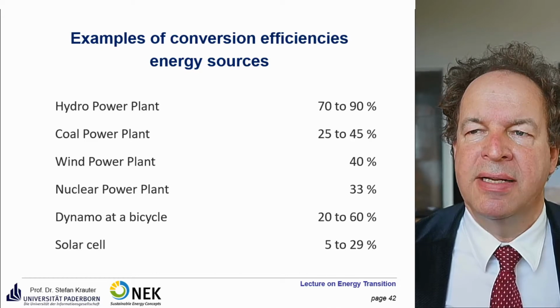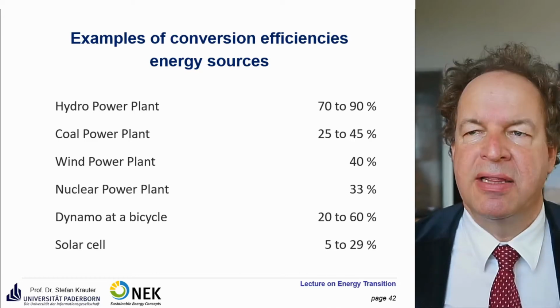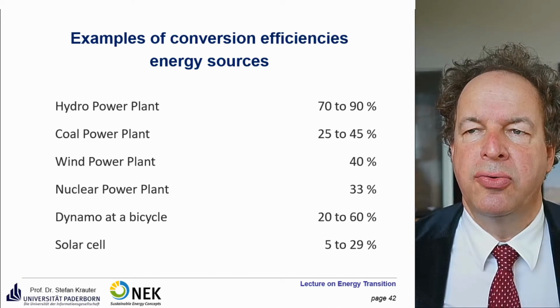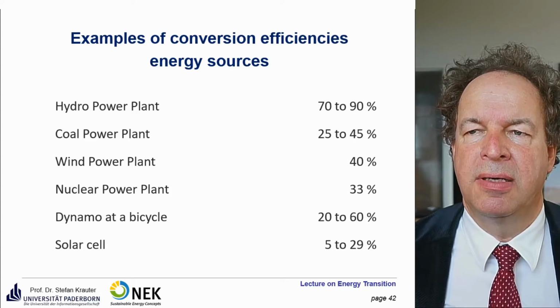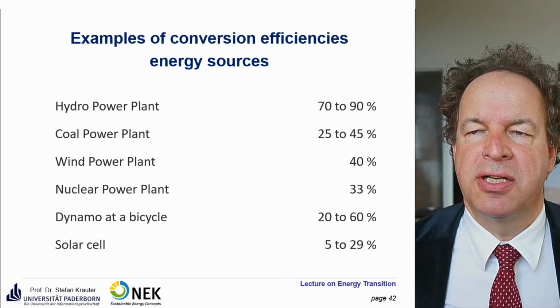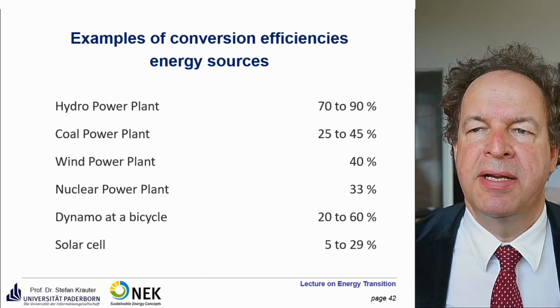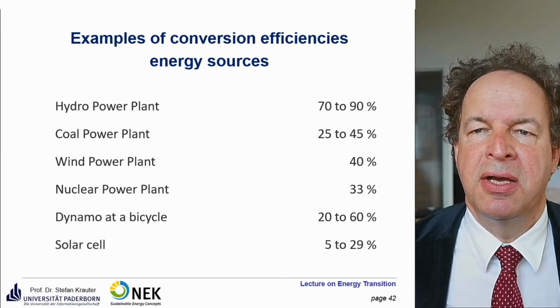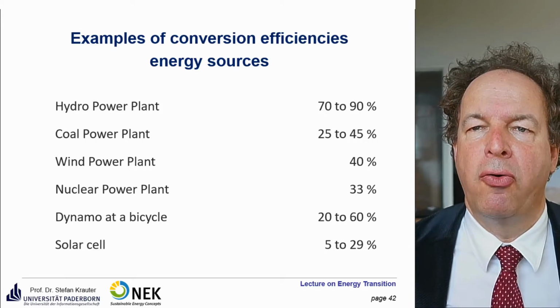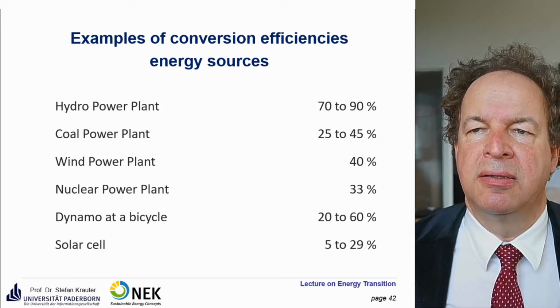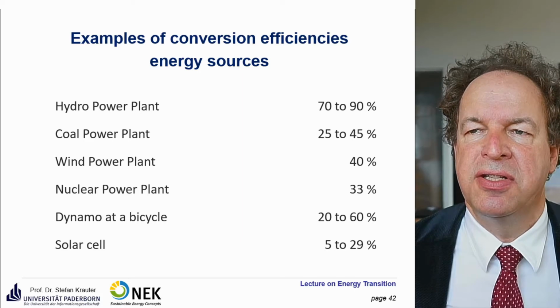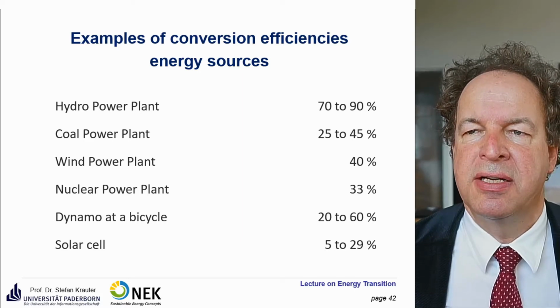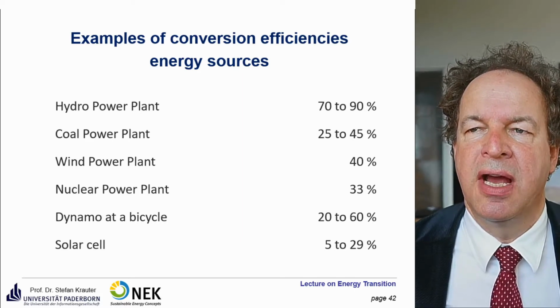A coal power plant, on the other hand, is quite limited in efficiency due to the Carnot efficiency, which says that the maximum efficiency is dependent on the temperature difference you can achieve, and due to the materials this is also quite limited. So even modern coal power plants have an efficiency in the vicinity of 40-45% if you can't make use of the heat.